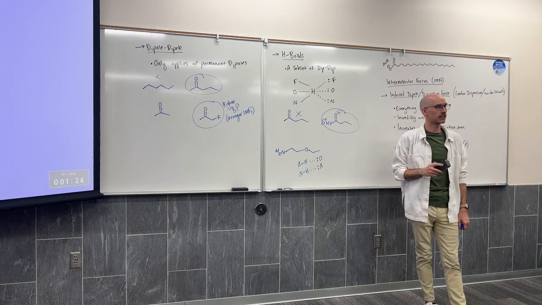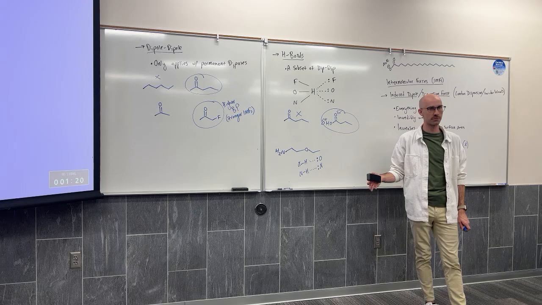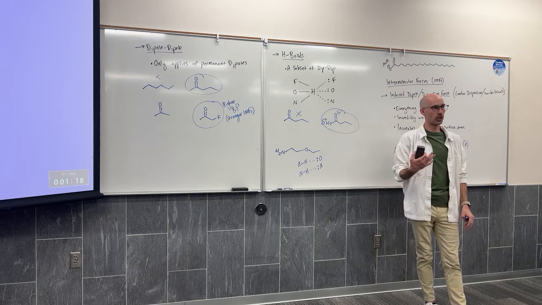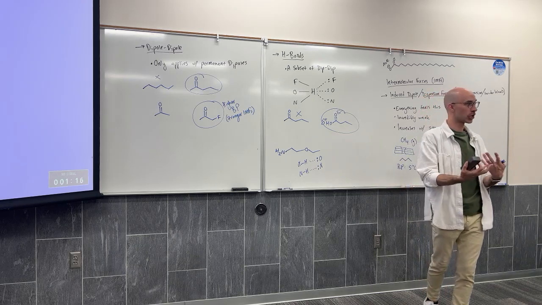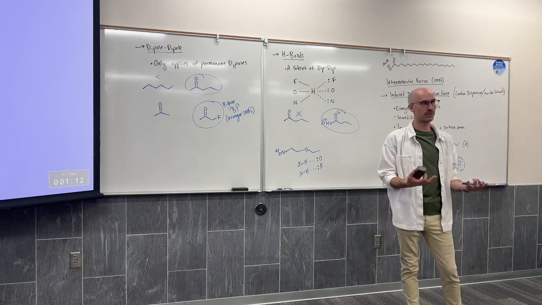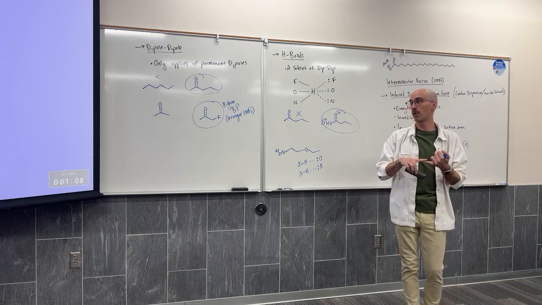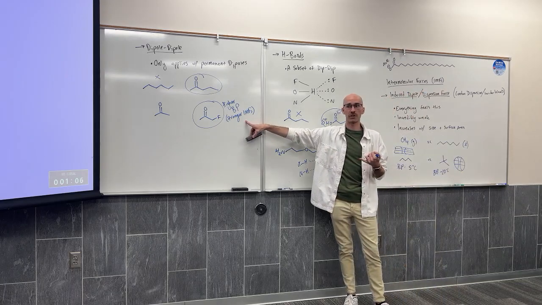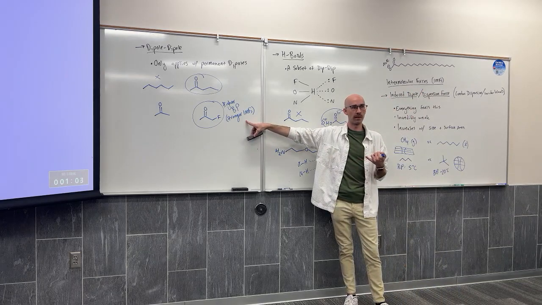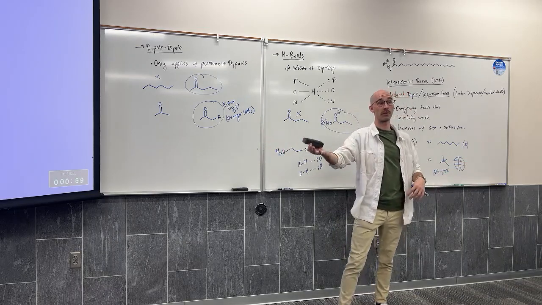But in our next class, we're going to look at our first type of reaction. We're going to look at acid-base reactions. And we're going to look at how electrons are exchanged, what atoms are allowed to do with their electrons, what atoms are not allowed to do with their electrons. And then we're going to see how having certain dipole moments in a molecule can make something a better acid or a better base.